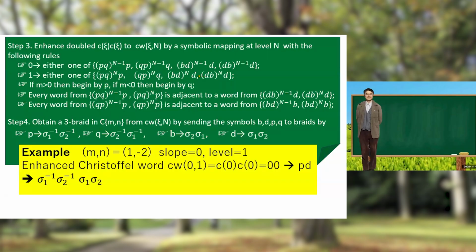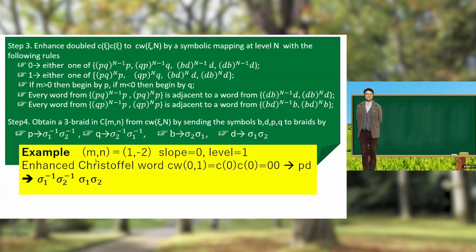Then step 3 is just a repeat of the previous thing. So we obtain the Christoffel word of slope xi, then repeat it twice, and then enhance 0 and 1 by one of these BDPQ words, and this is the initial condition, and also the alternating condition in this way. Then we obtain the 3-braid.